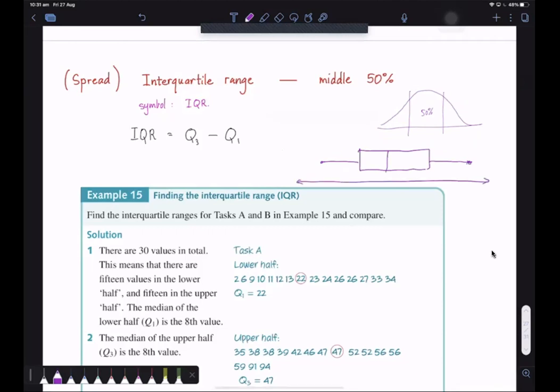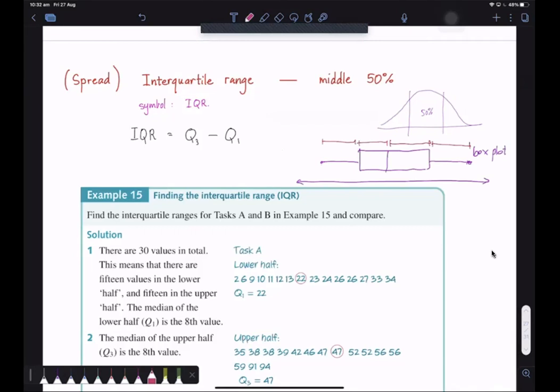What is this called? Box plot. Box plot. Now, remember how we spoke about the middle 50%? You can see here, this is broken up into 4 segments. 1 segment from here to here. 2 segments. 3 segments.